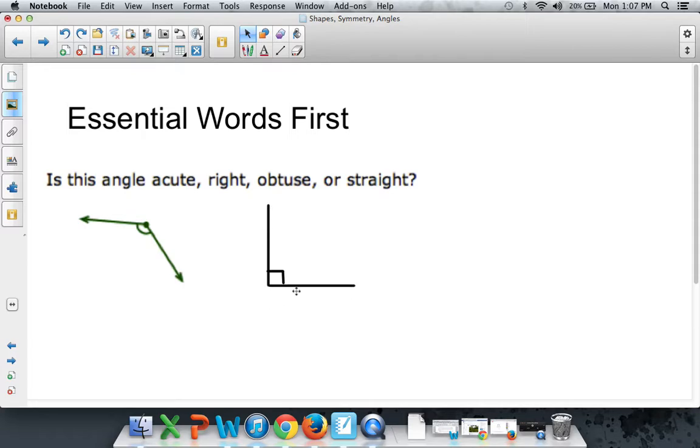If it looks like an L, then it's a right angle. A perfect L. And this little symbol right here, this little tiny thing that looks like you made a box, that means right angle. That means 90 degrees.